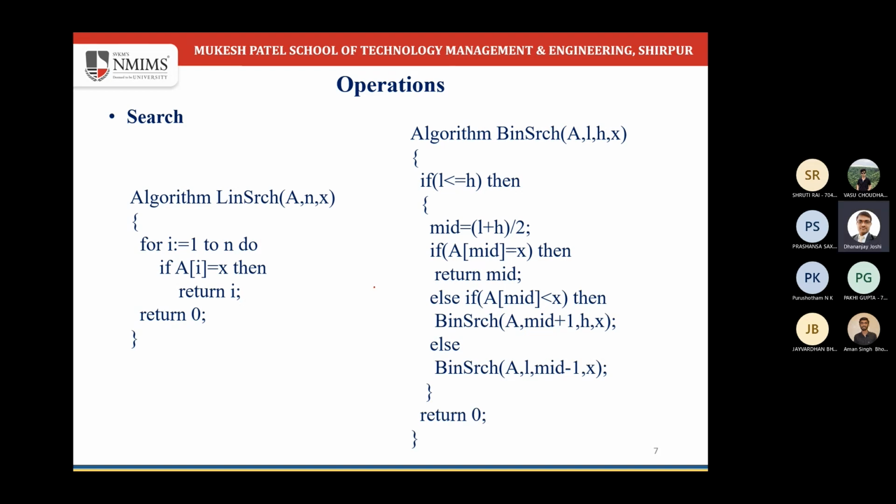Suppose this list is sorted, and suppose we want to search for 50. In binary search, first it will compare the element with the middle element.